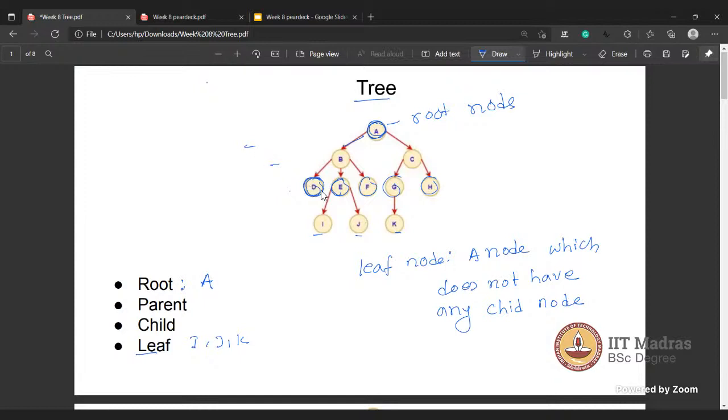See, parent nodes means the node which is like, D is the parent of D, E, F. So parent nodes and internal nodes are different.